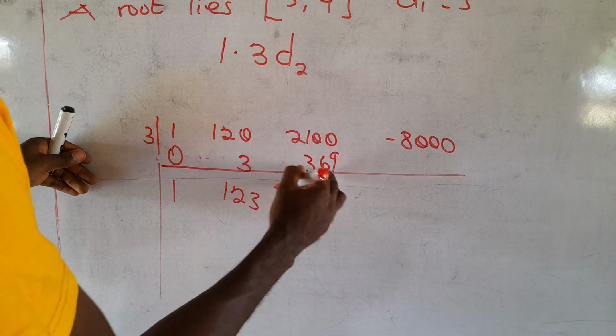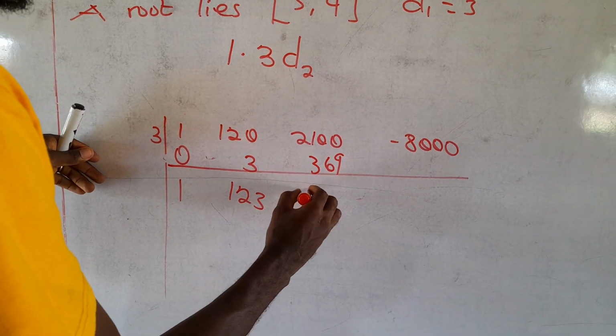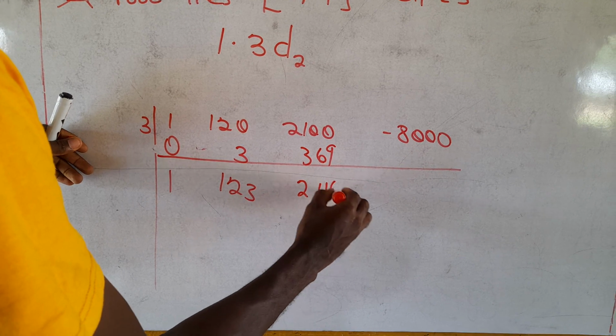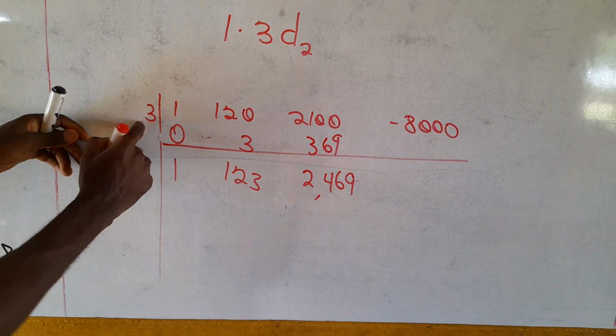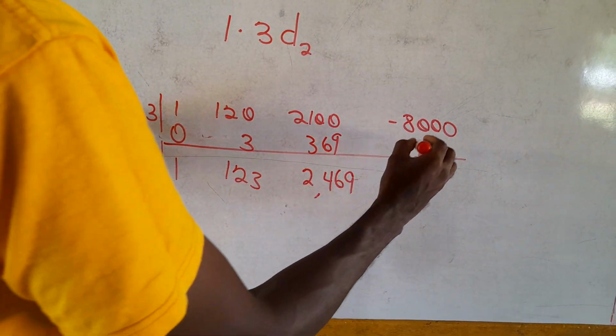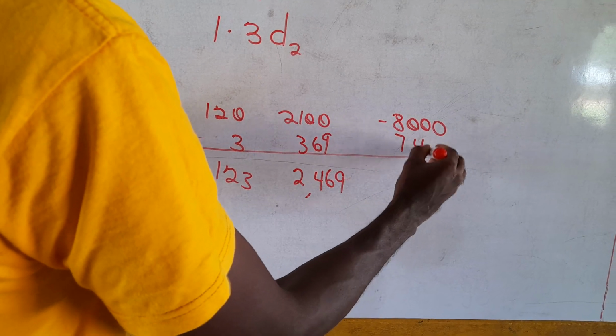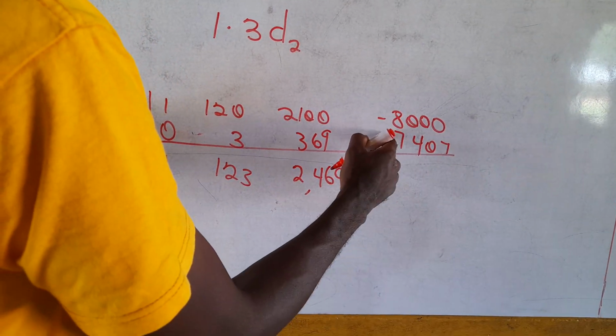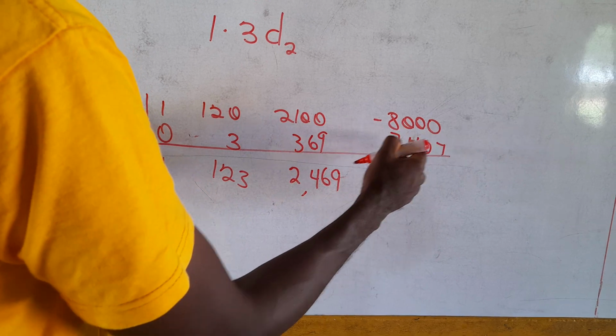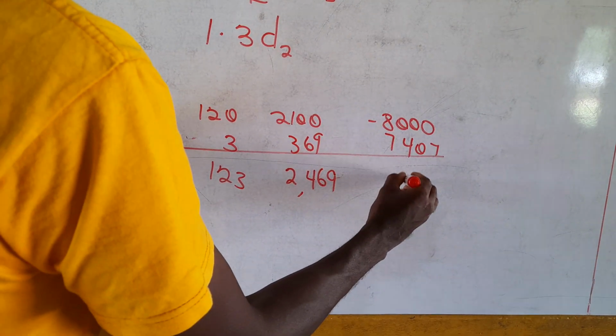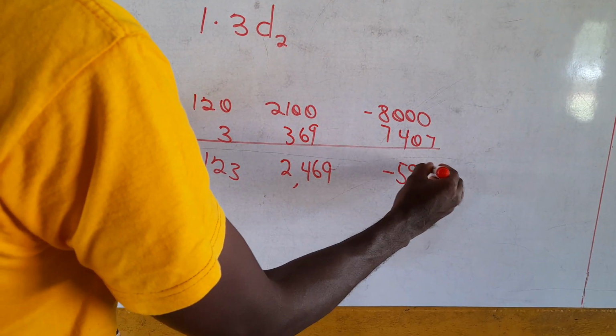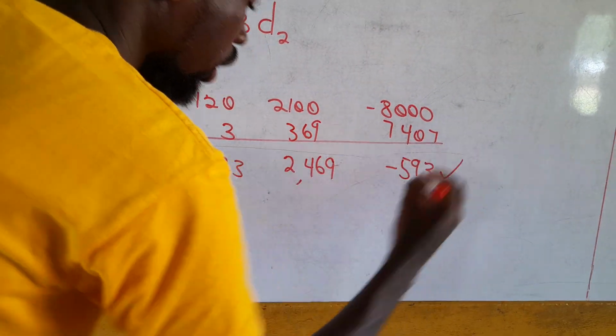When we add 369 to 2100, we'll get 2469. Then 3 will multiply 2469 again, we'll get 7407. When we add 7407 to negative 8000, we'll get minus 593. So we are done with this.